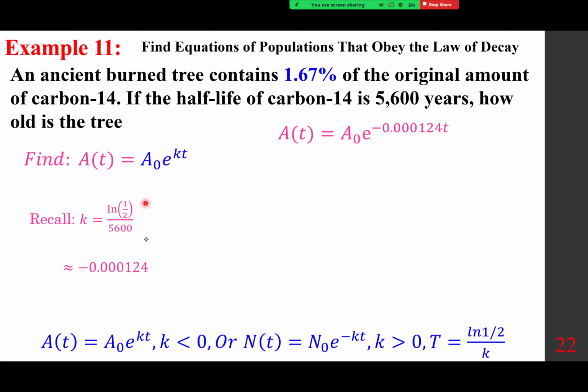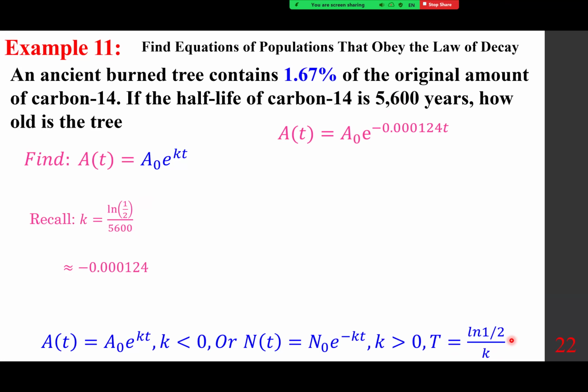You may remember ln 1/2 over 5600. And again, in some, they may change this number, because it's somewhere between 5600 and 5700. So ln 1/2 over k is t, and k is ln 1/2 over t. All right.